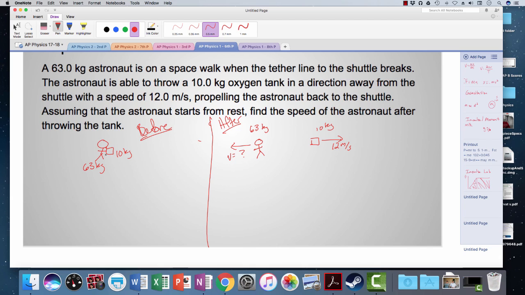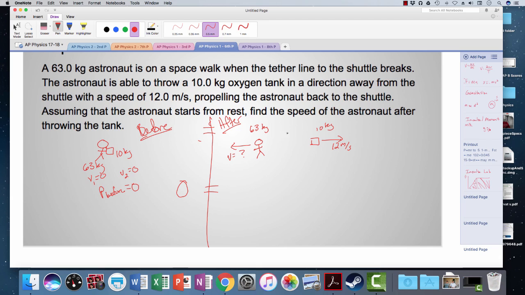Okay, so before, there's an astronaut sitting still, holding this thing. And afterwards, he's going to throw the tank one way and go back the other way. So same thing. Before equals after. In this case, the velocity of the person is 0, and the velocity of the tank is 0. So that means the total momentum over here, before, is 0. So this is why explosions are so much easier.